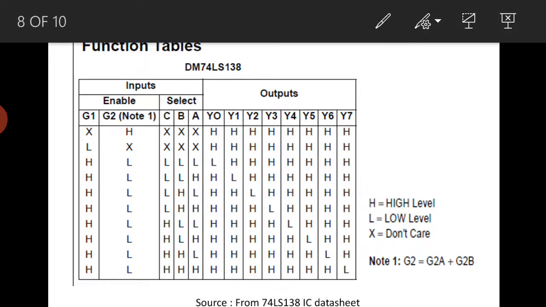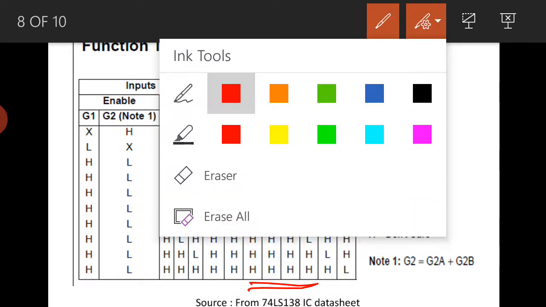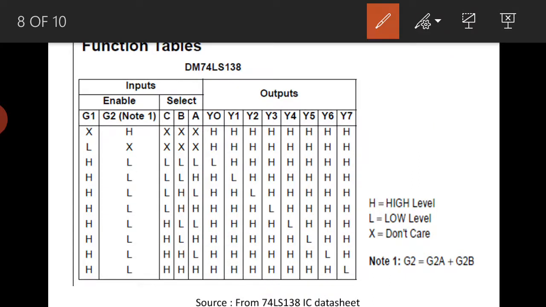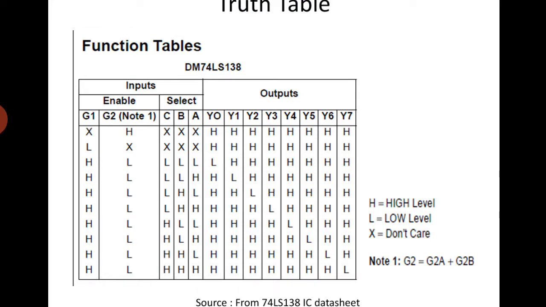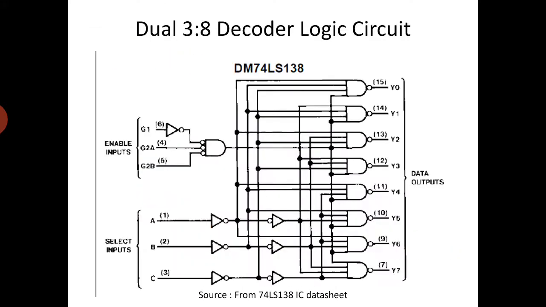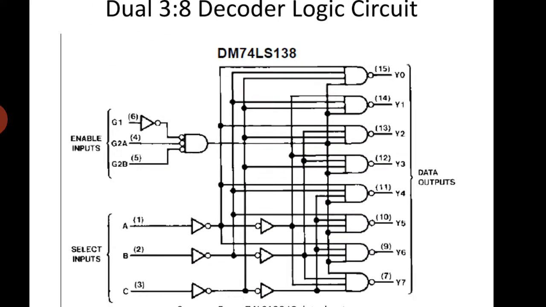So 3 enable signals are enabled with a combination of 0 0 and 1. This is the truth table for the 3 to 8 decoder, and this IC, as I told, is the 74LS138. All these diagrams I have taken from the data sheet of the 74138 IC.